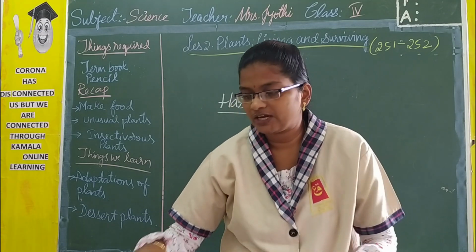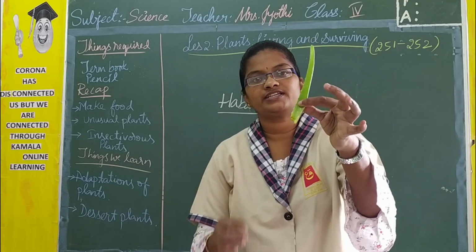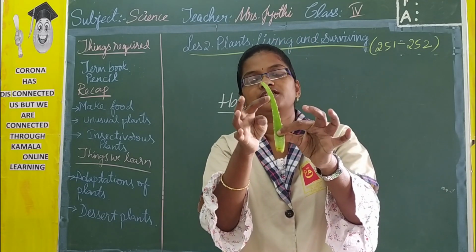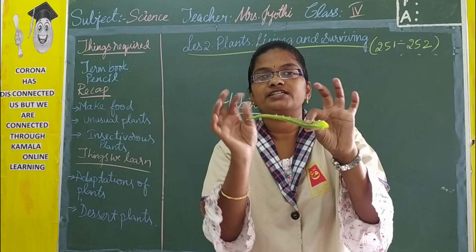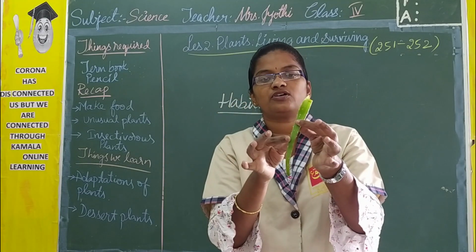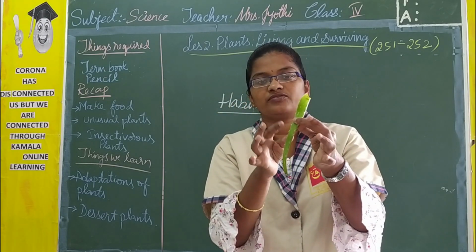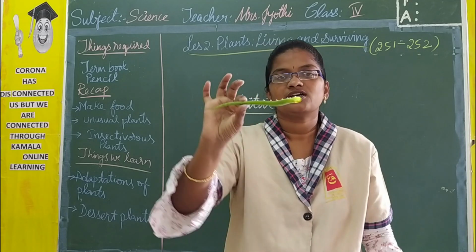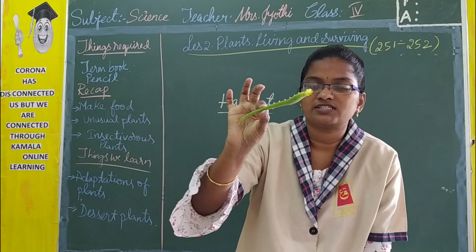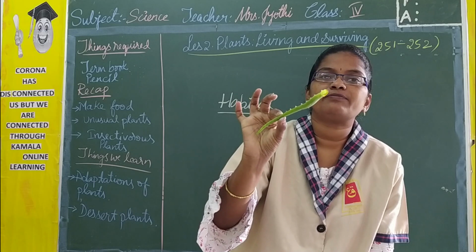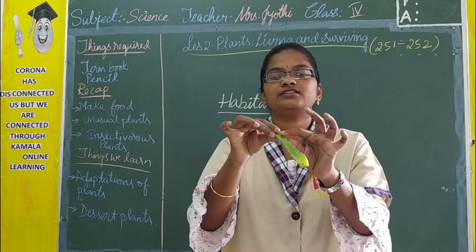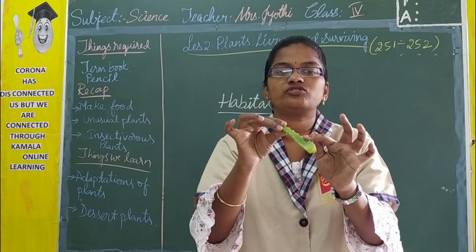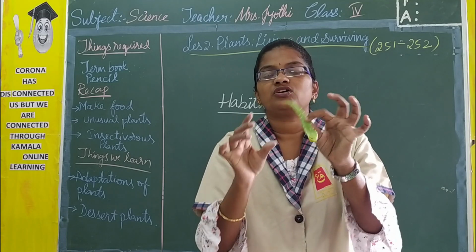Now if you take this aloe vera, see here aloe vera is there. It has thorns here, isn't it? So we hesitate to touch this plant because we might get poked by these thorns. So the plant is getting adapted to its surroundings by bearing these thorns. That means it changes its body into thorns.